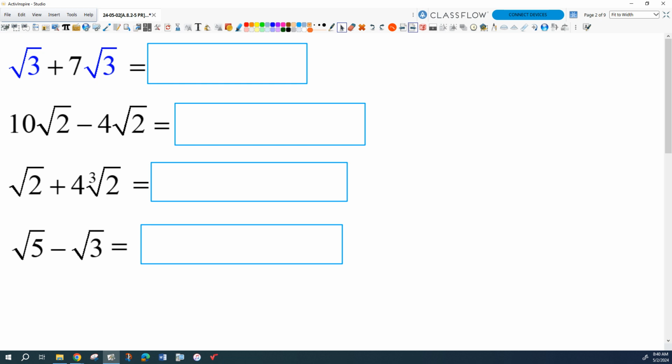Okay, but that would be like saying if I had x plus 7x, I'd get 7 times 2x or something. What would you get if you added those up? You'd get 8x, wouldn't you? Okay, so we'll treat this the same. We treat like radicals just like variables. We're just counting up the numbers of those things, right?